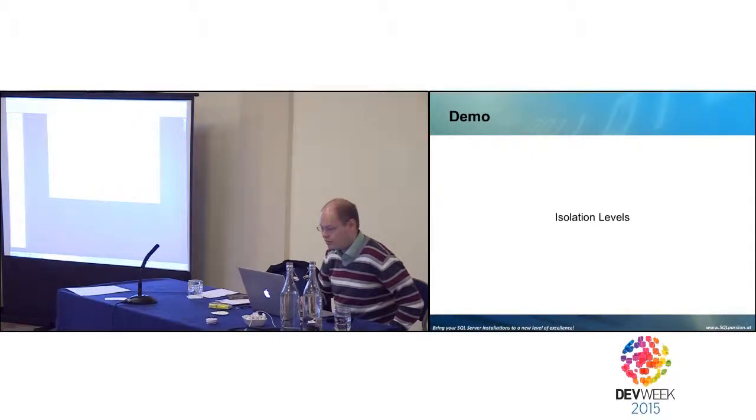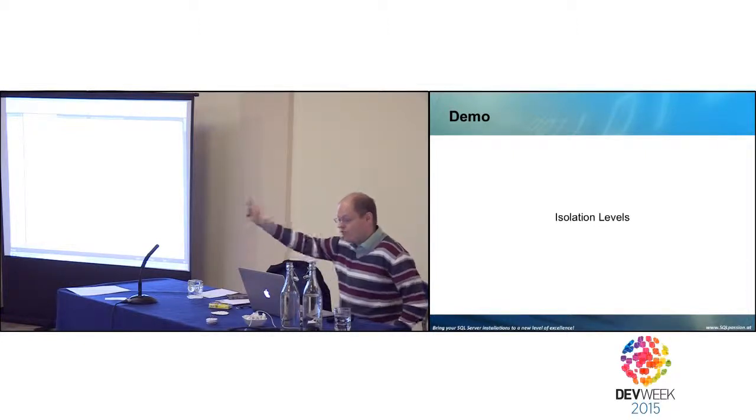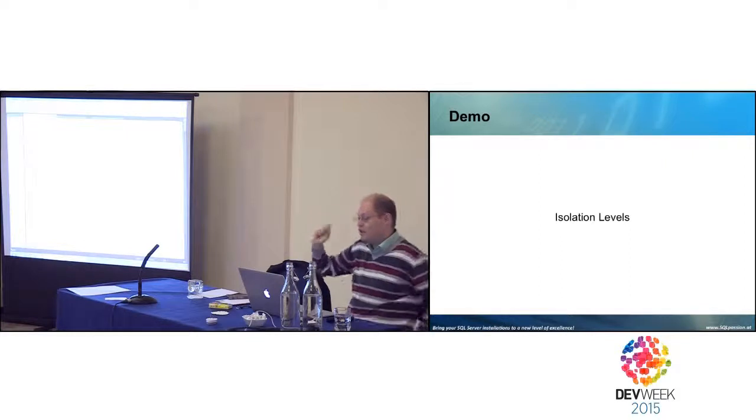Just want to show you one additional example about the isolation level read committed snapshot isolation. At first, you have to enable read committed snapshot isolation. Means when you enable it, then our new default isolation level is read committed snapshot isolation.